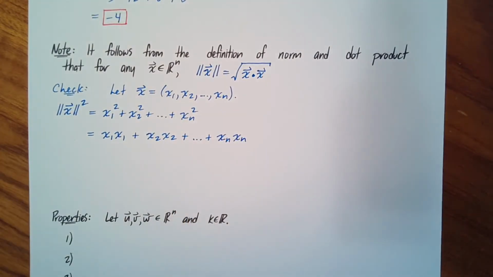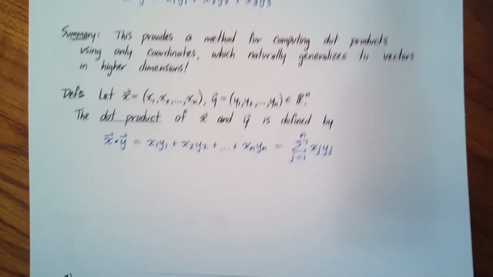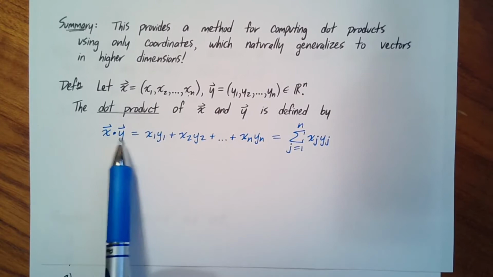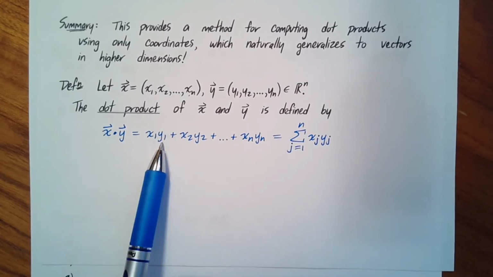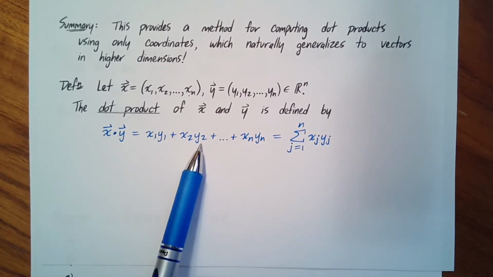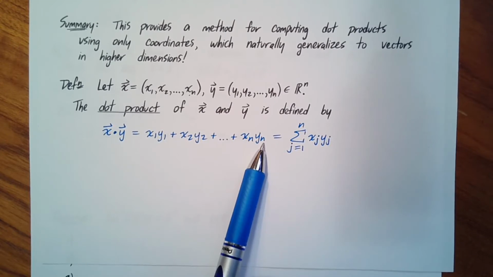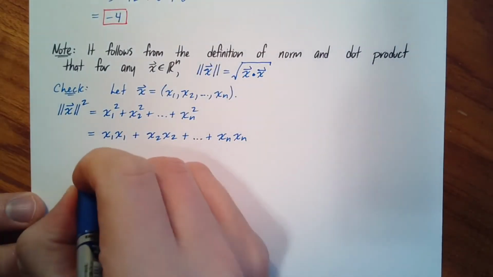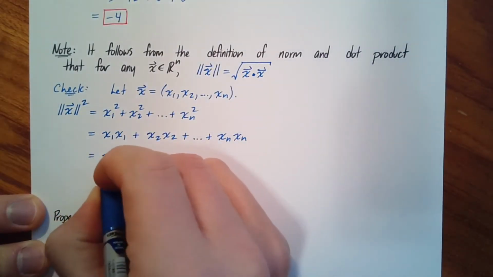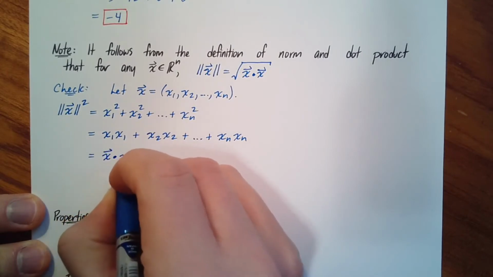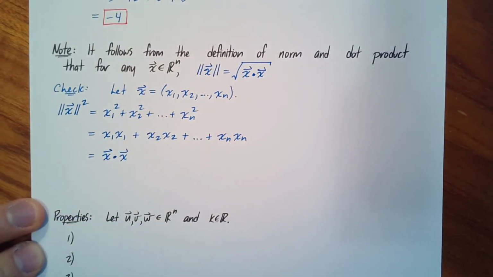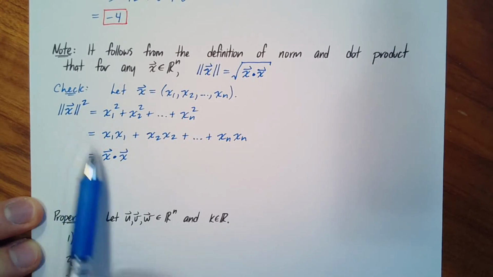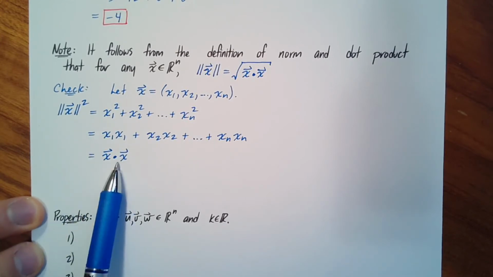So you can see this is exactly the definition of the dot product in the case where x and y are the same, because instead of a y1 we have an x1, instead of a y2 we have an x2, instead of a yn we have an xn. So really this is literally just the dot product of x with itself.